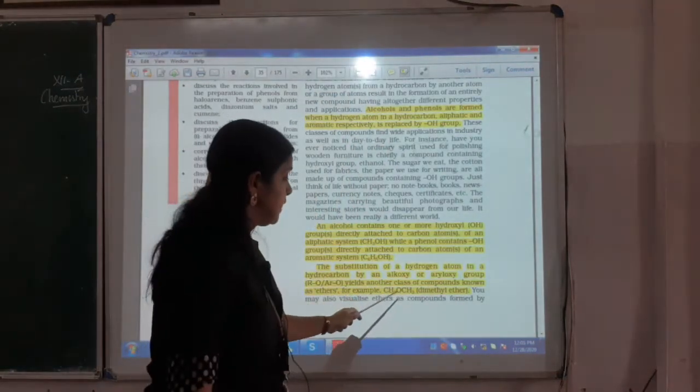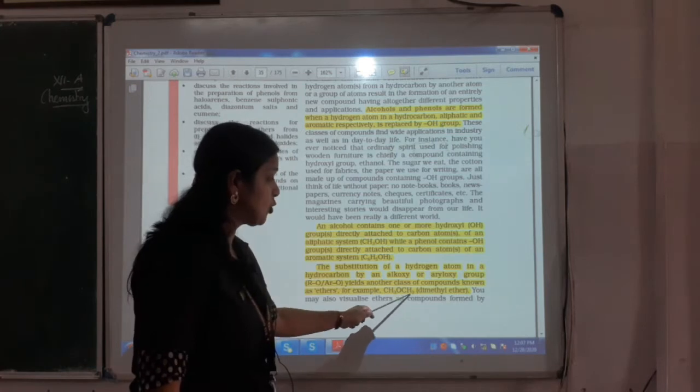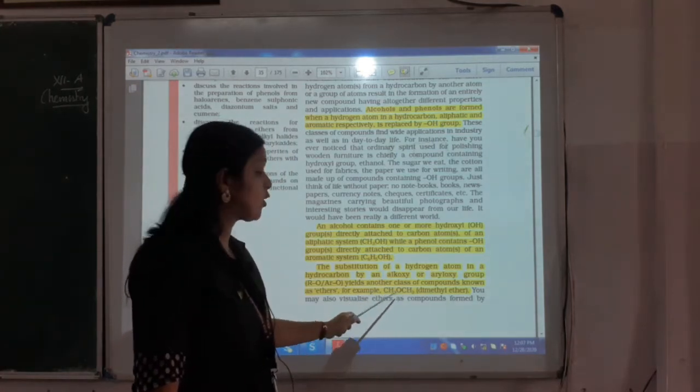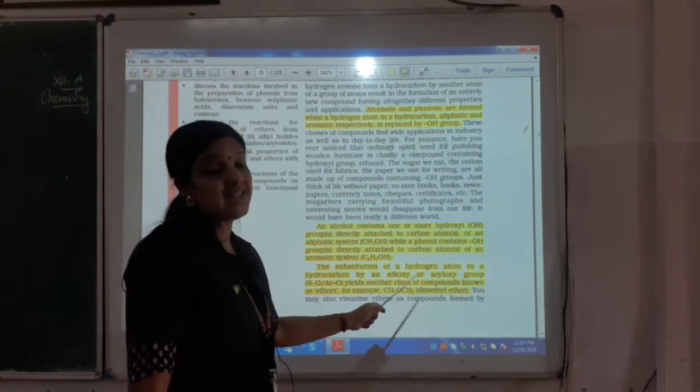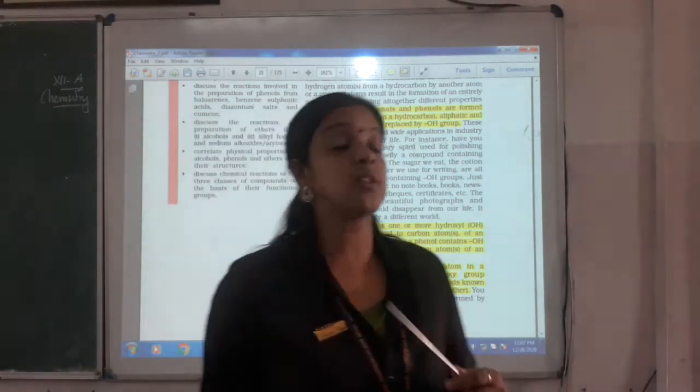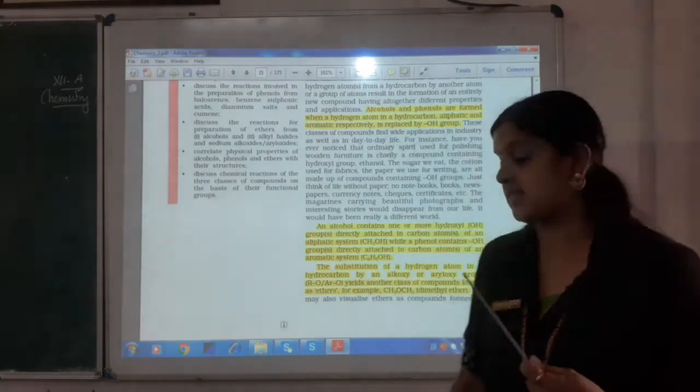For example, OR is the functional group. I have 2 methyl groups, so I call it dimethyl ether, or methoxymethane. You remember, children, these are the things that we learnt in the last years.